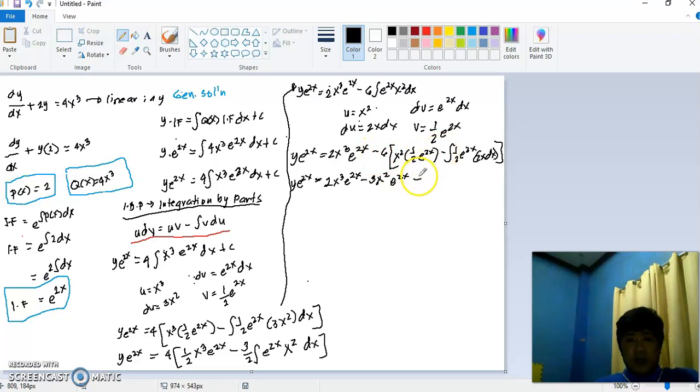Negative times negative is positive. So you have 6 divided by 2, you have 2 here and 2 here, so 2 divided by 2 is 1. So you have negative 1 times negative 6, that is positive 6. Then the integral of e^(2x) x dx.